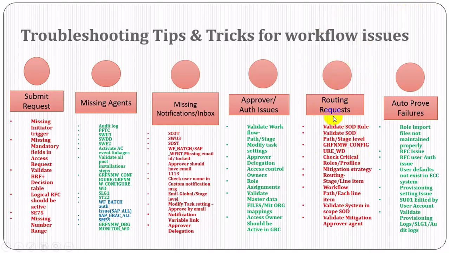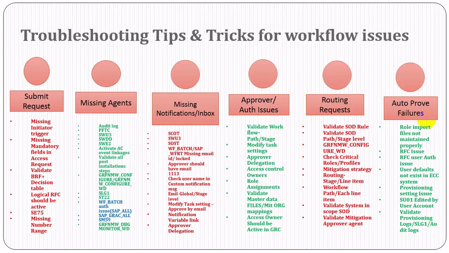Next, once the routing is completed and all the approvals are completed, however, the request may not provision. All the approvers completed, but the user is not created or the role is not assigned.